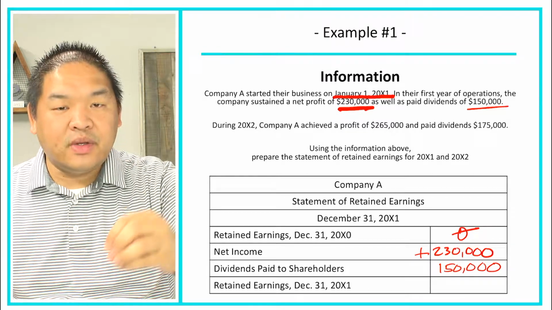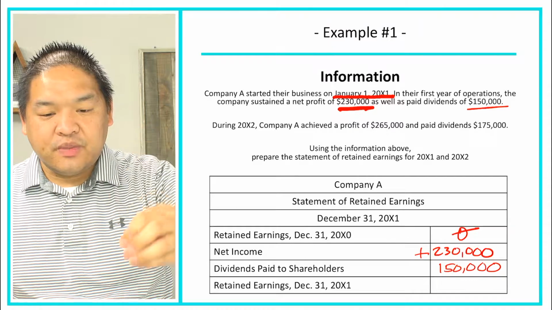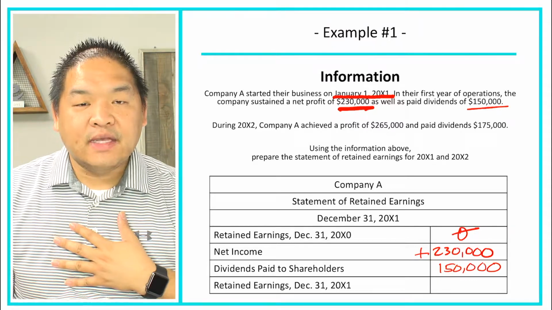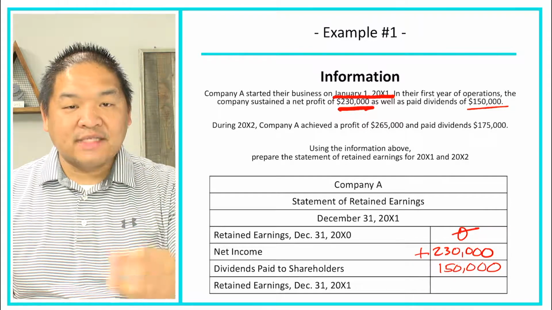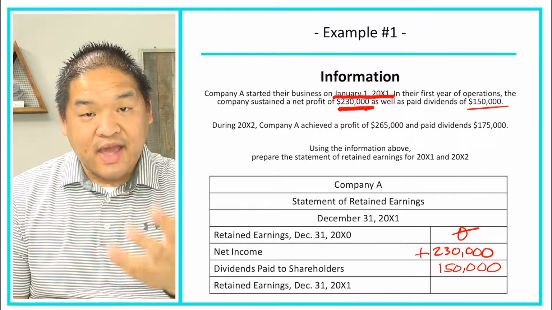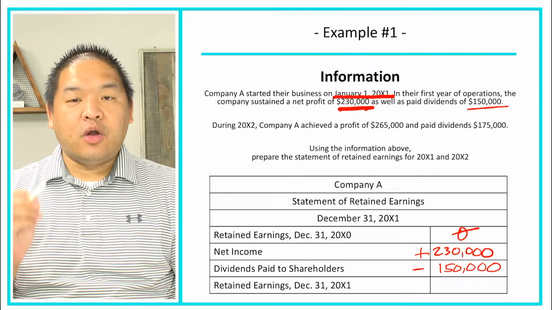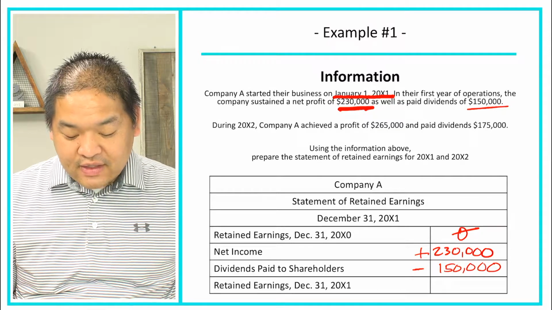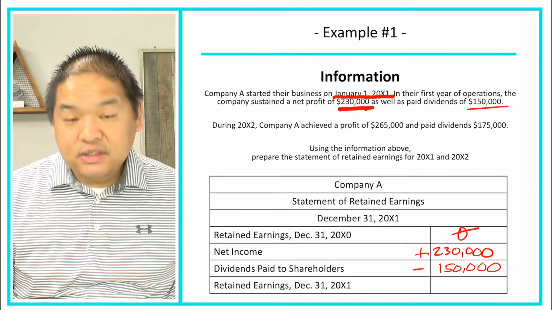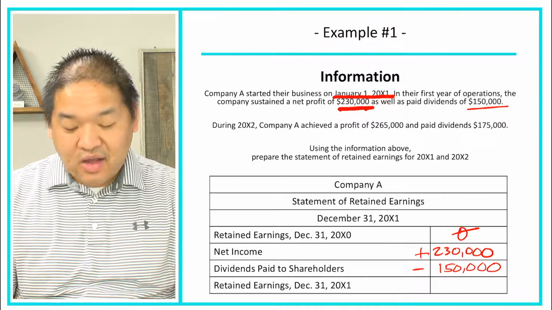We're distributing funds to our shareholders. If we're actually distributing those funds, we as the company no longer have it. If we no longer have it, then we want to subtract it from the retained earnings or that net income. So we'll subtract that. And so if we go 0 plus 230,000 minus 150,000, we get $80,000, okay?